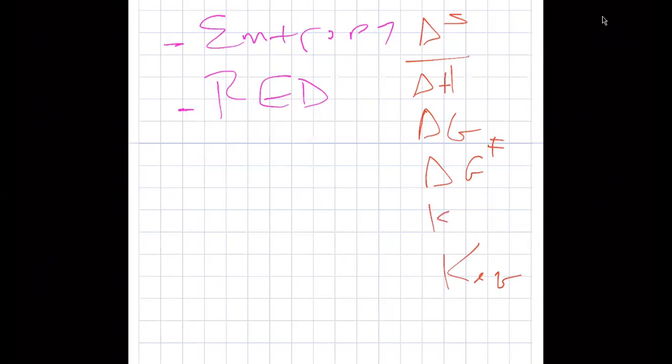And there's a process that we're going to learn to determine delta G, delta H, Keq, and the rate without actually having the quantitative numbers to do that. If we know the bond strengths, we'll be able to do that.